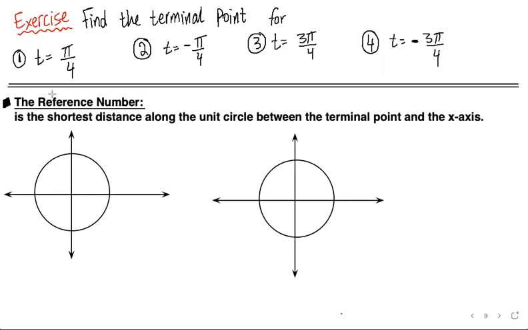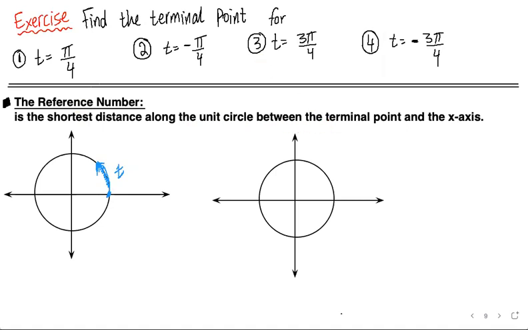So for the first one, suppose I'm moving from this circle, starting from this point, moving up to here. And my T here is this, the blue one. So to find the reference number, it is the smallest distance from the terminal point.